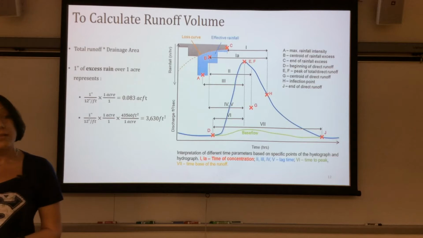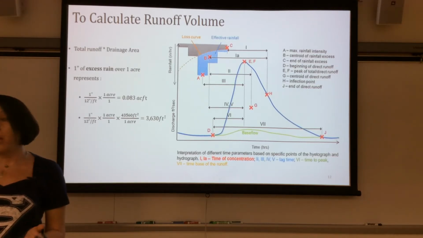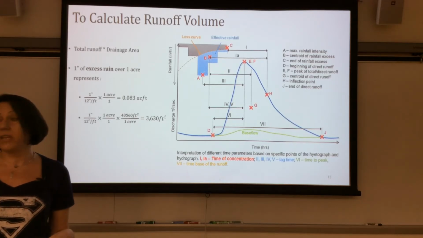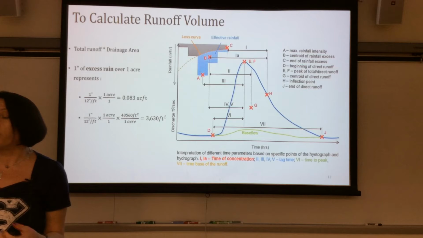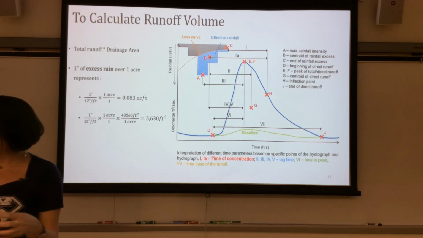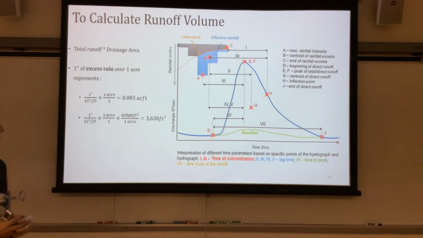All I did was take the excess precipitation and multiply it by the area of my watershed. Now, a lot of this with the hydrographs says, okay, it rains uniformly over the entire watershed. That's not true, but if it's small enough, it does rain uniformly over one place.